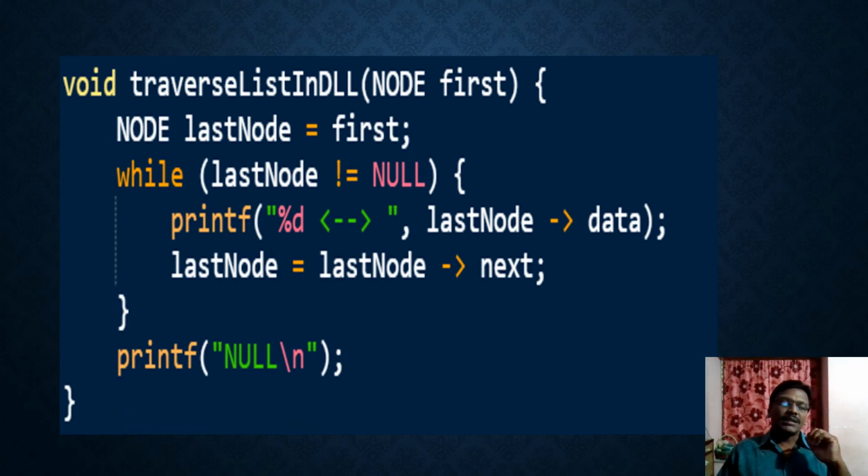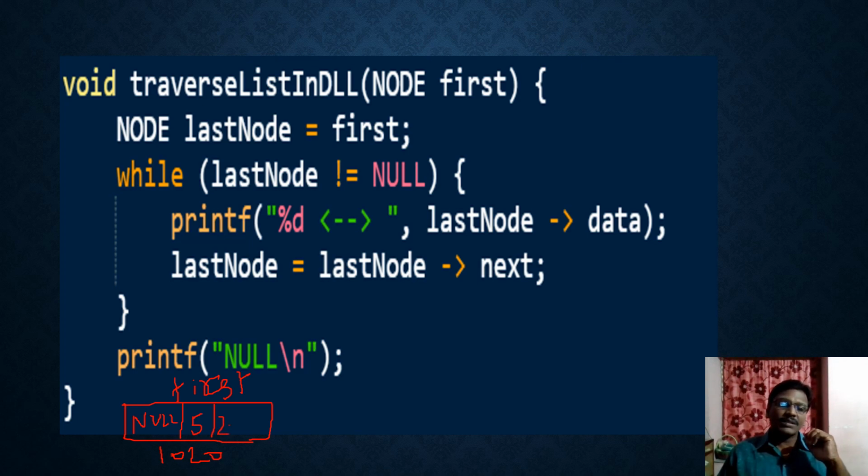In the existing double linked list, I'm choosing 3 nodes. This one represents 1020. For the first node, previous is equal to null.